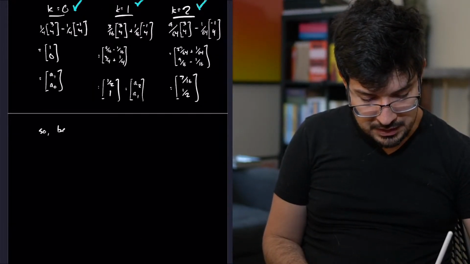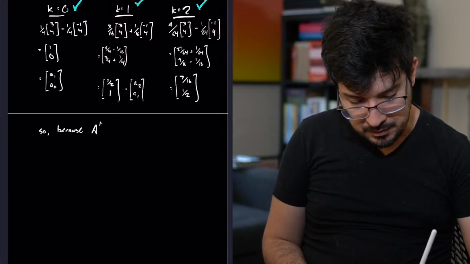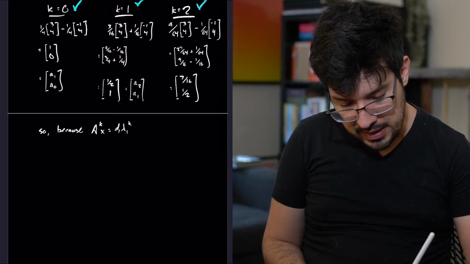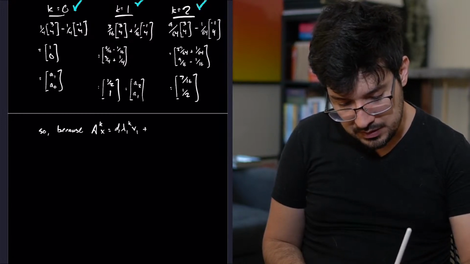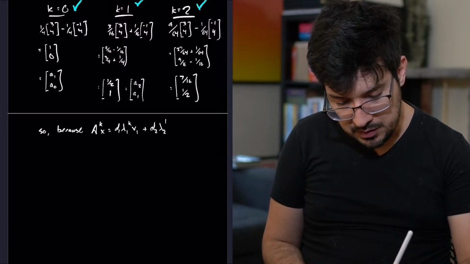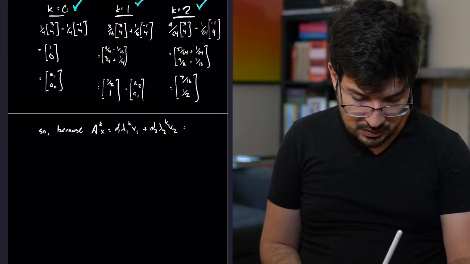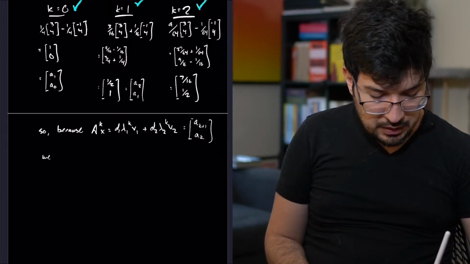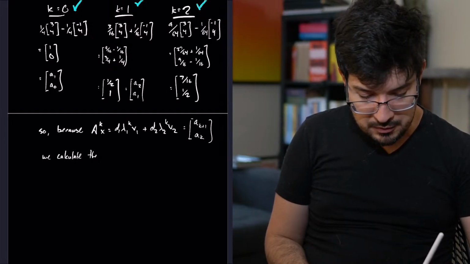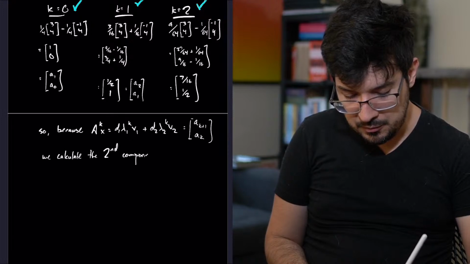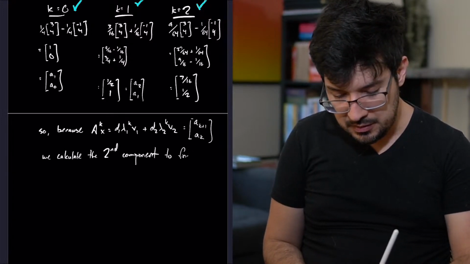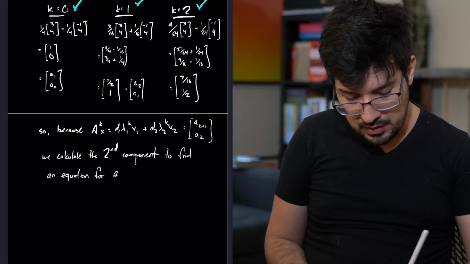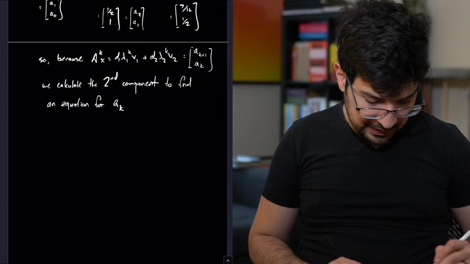So, because D1 lambda 1 to the k V1 plus D2 lambda 2 to the k V2, we calculate the second component to find the equation for Ak.